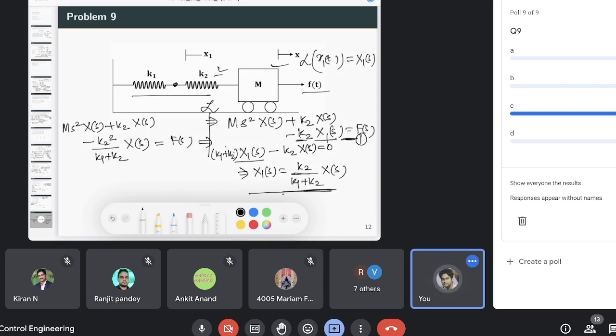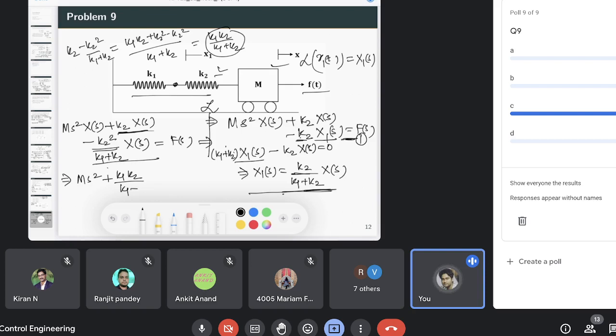Then we simplify this expression. We have m s square, and k2 minus k2 square by k1 plus k2, which is equal to k1 k2 plus k2 square minus k2 square by k1 plus k2, which is k1 k2 by k1 plus k2.